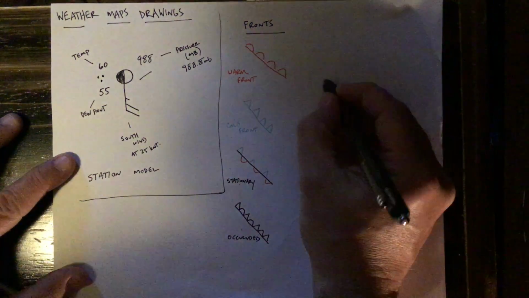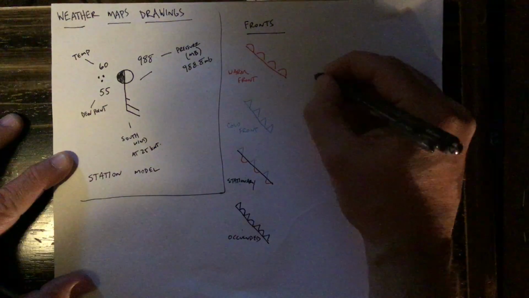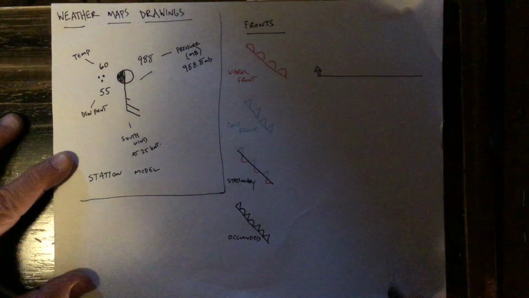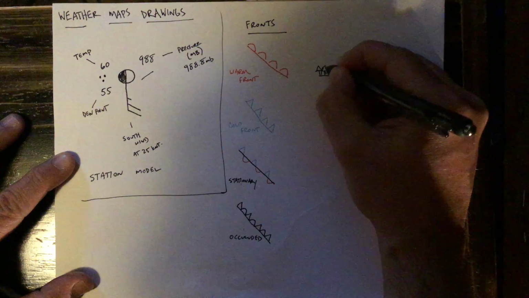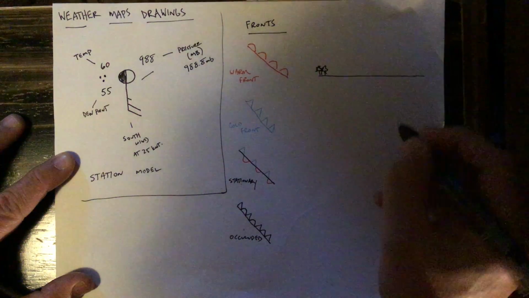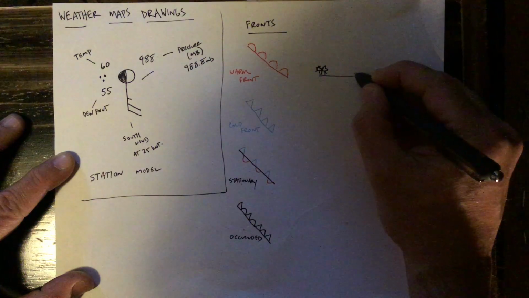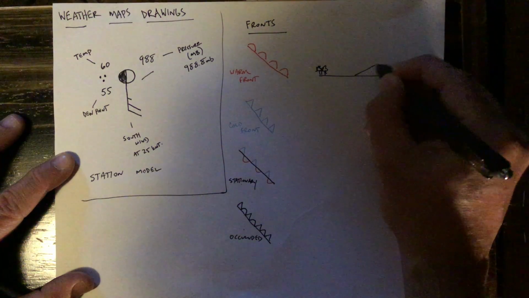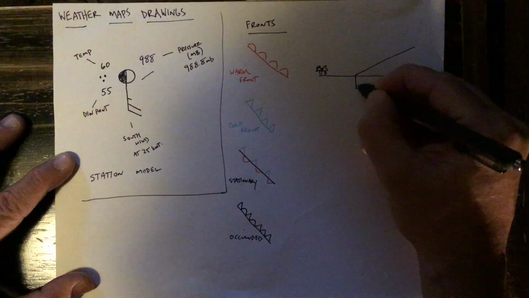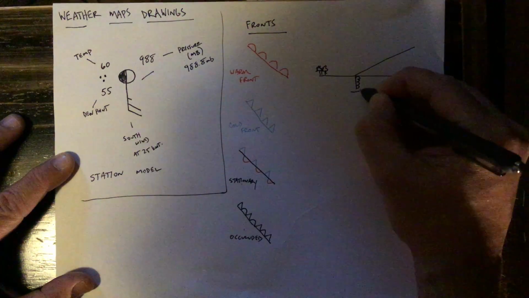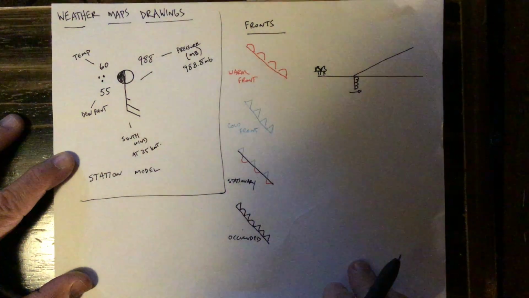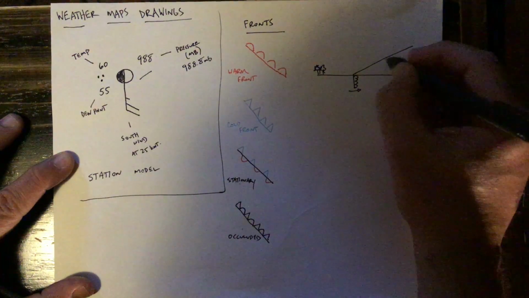So what a warm front looks like on the ground, this is the surface of the Earth. Put a couple little trees down here to show you that that's the surface of the Earth. It's a warm air mass headed in this direction. The symbols always point in the direction that the front is moving.